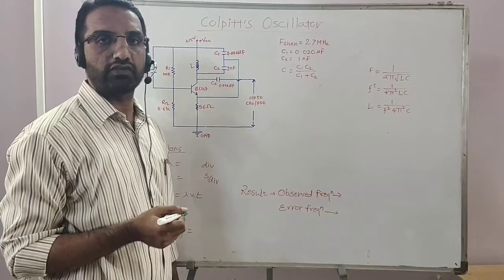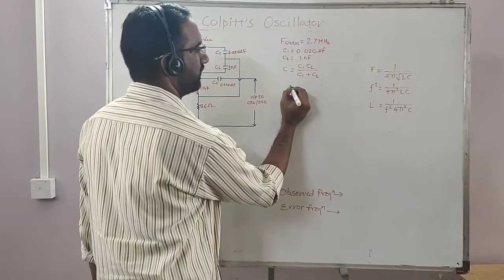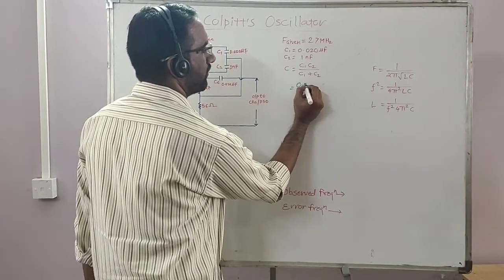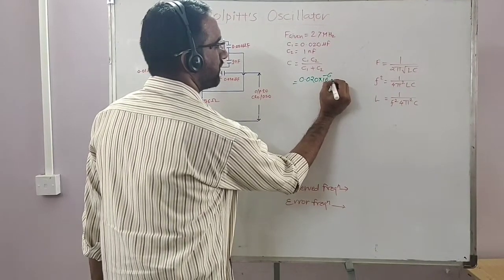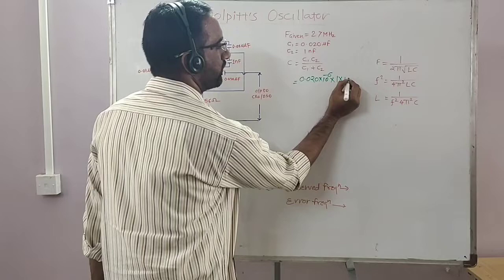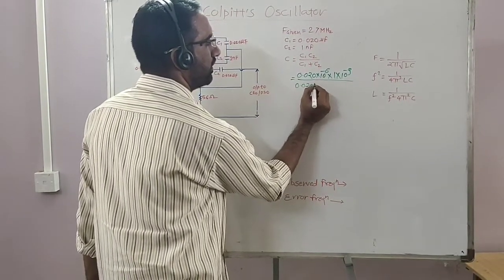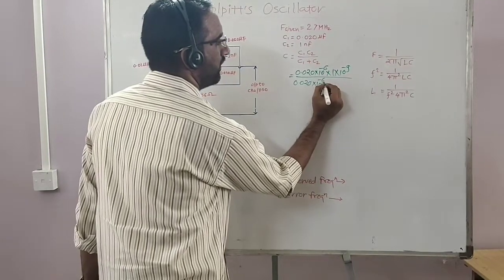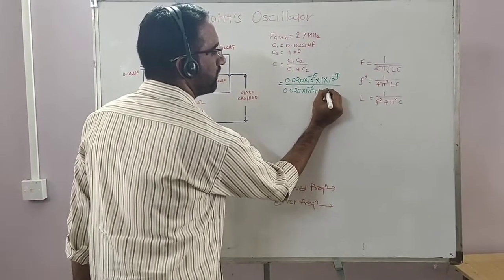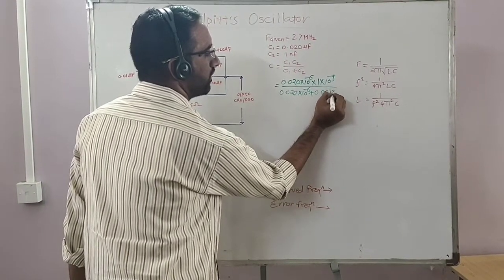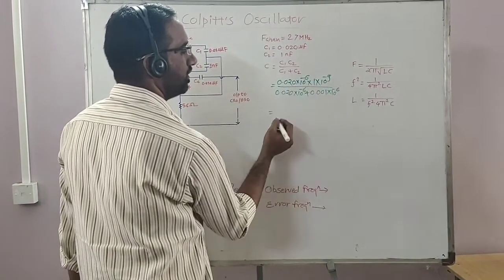C is equal to C1 C2 divided by C1 plus C2. Now put in the values of capacitors C1 and C2. This is 0.020 into 10 raised to minus 6, and the value of capacitor C2 is 1 nanofarad, that is 1 into 10 raised to minus 9, divided by 0.020 into 10 raised to minus 6 plus, converted into micro, 0.001 into 10 raised to minus 6. Now multiply the numerator.